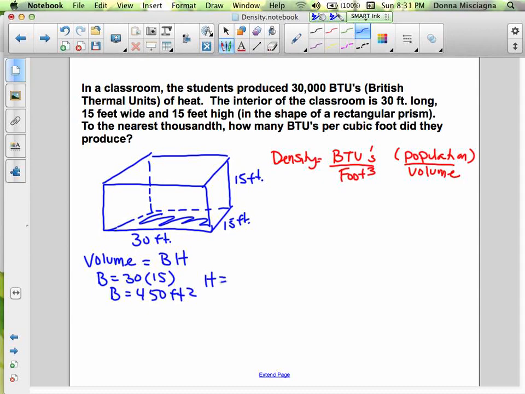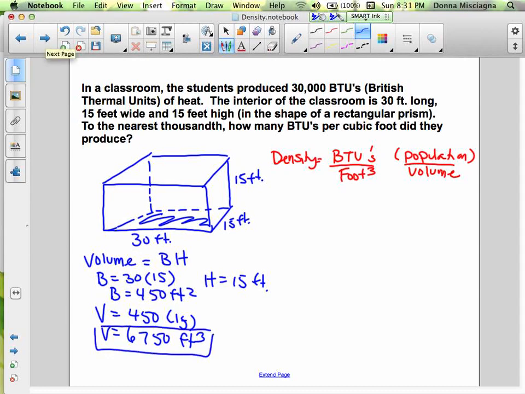The height of the room is 15 feet. And so the volume of the room equals 450 times 15, which is 6,750 feet cubed. So there we have one measurement that we need.